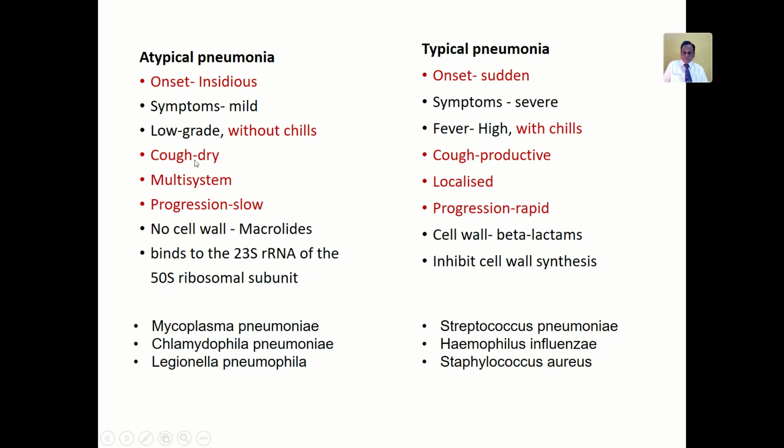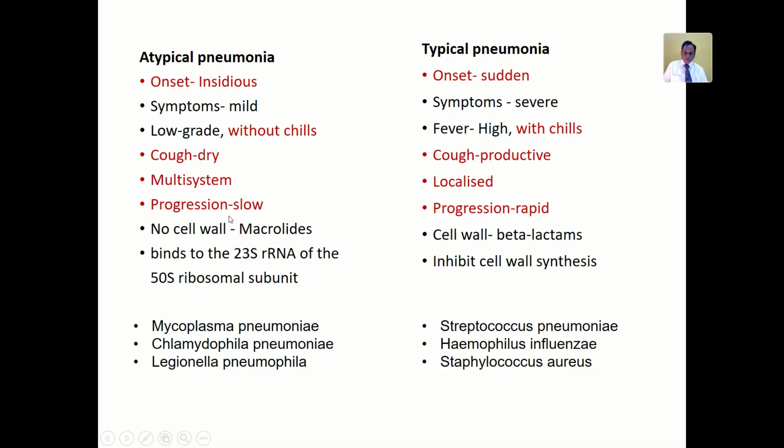I said that because atypical organisms like Mycoplasma don't have a cell wall, they also produce multi-system problems. Progression is very slow, and the ideal antibiotic is a macrolide, because macrolide acts in a different way. It binds to the 23S ribosomal RNA, thereby acting on the 50S ribosomal subunit.